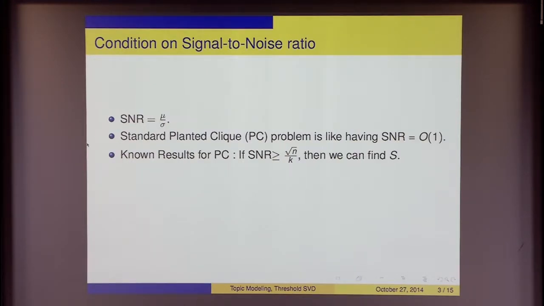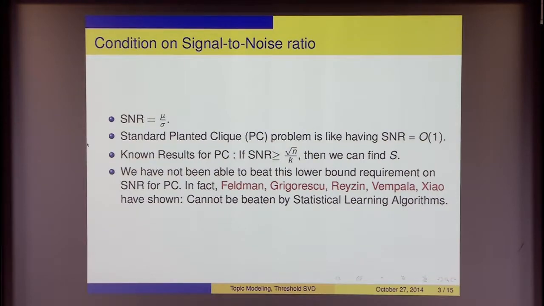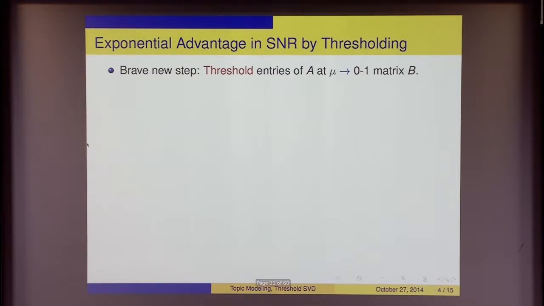Then we can find S. And now we actually know recently that we cannot beat this lower bound with statistical learning algorithms. I won't define what statistical learning algorithms are. The one thesis is that almost every algorithm we know is a statistical learning algorithm, and such algorithms cannot beat this, cannot do planted-clique. So here's what I'm going to do, not for the planted-clique, for the mu and sigma.